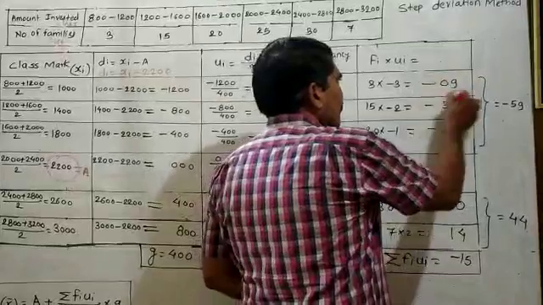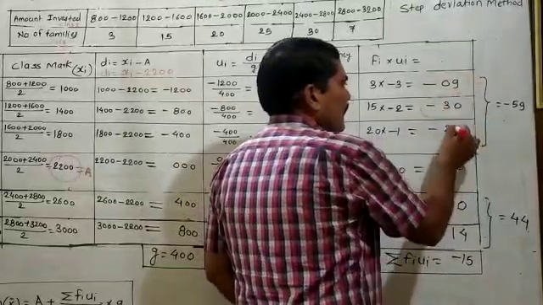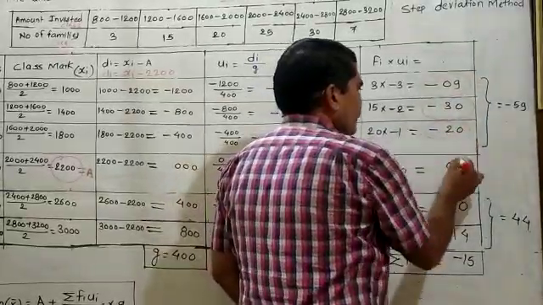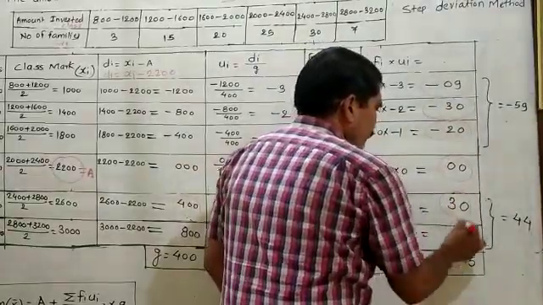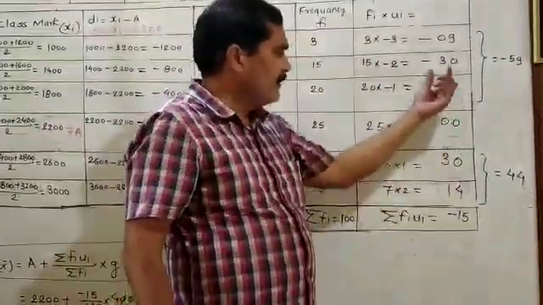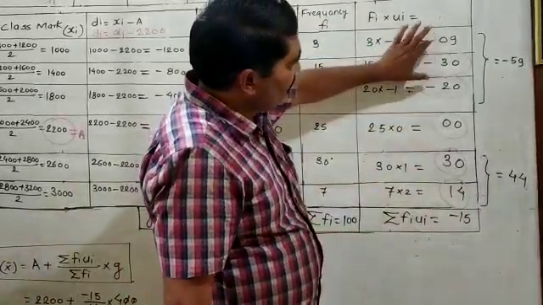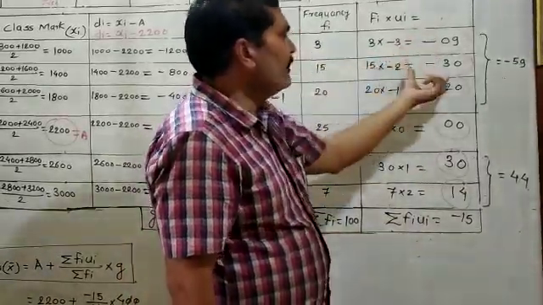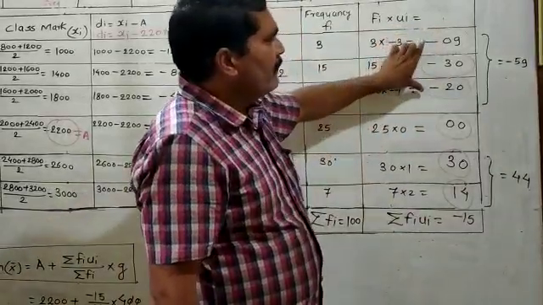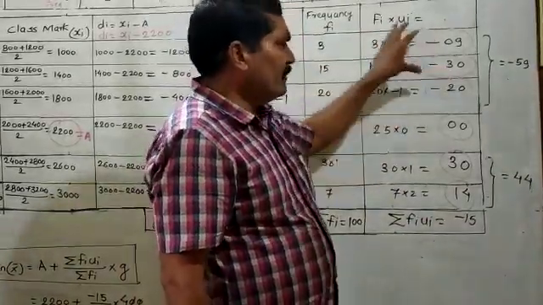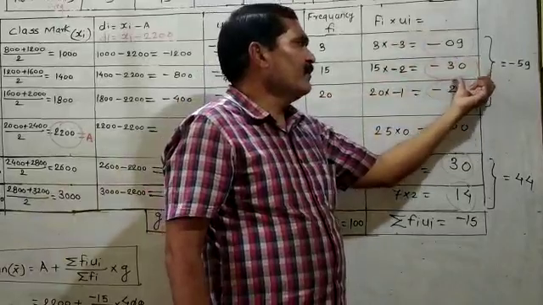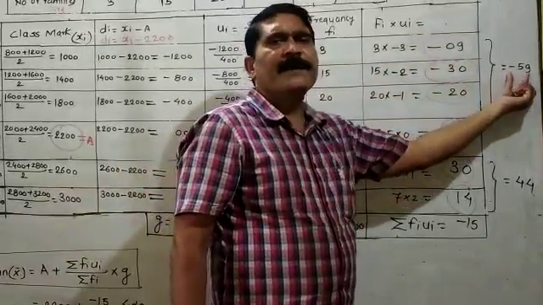Minus 9, minus 30, minus 20, 0, 30 and 14. If you add, the answer will come minus 15. How will this minus 15 come? Here three terms have a minus sign. If the numbers are negative, you have to add those numbers and give the negative sign.